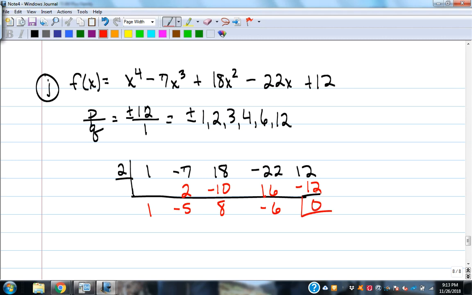Great. So we get our zeros. We get x equals 2. And then I'm going to do synthetic one more time because I know for sure that 3 works as well because it crossed the x-axis there, right? Drop the 1 down, go to work.